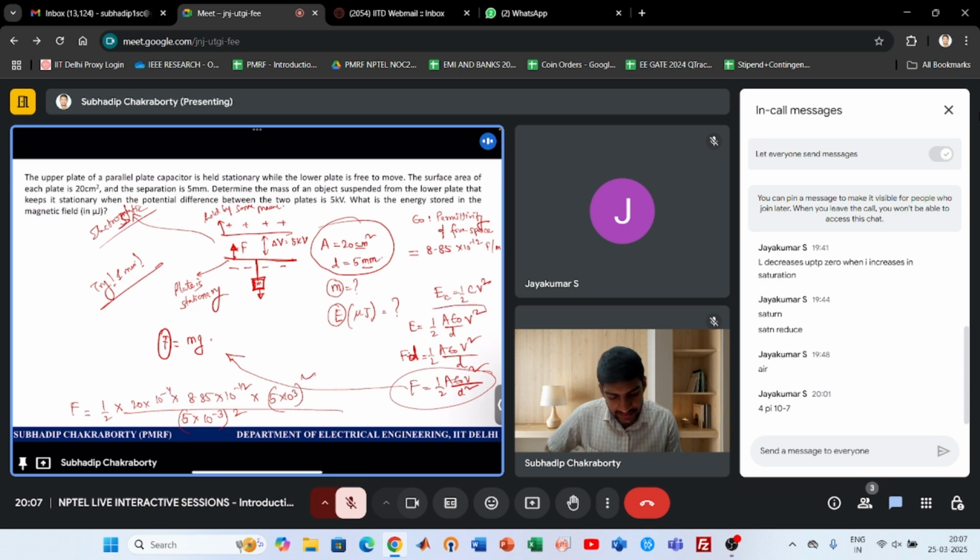So energy stored you calculate half CV square, half A epsilon naught by D into V square. And what is M? Small m. Small m into G is nothing but this. What is G? G is 9.81. Right? It is acceleration, right? So this is nothing but force by mass.